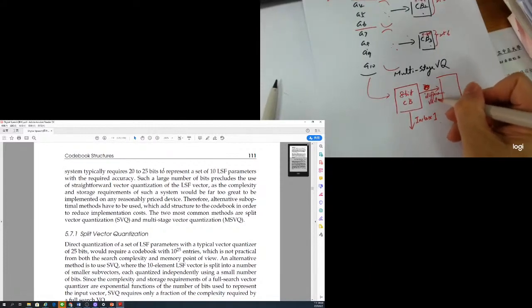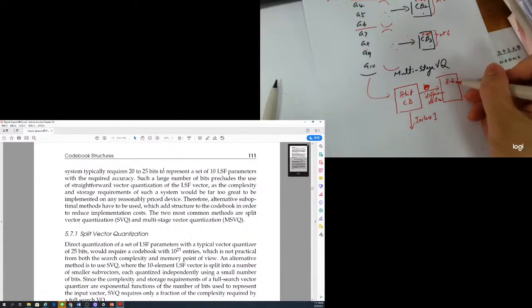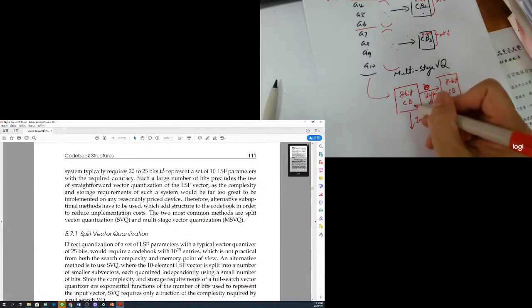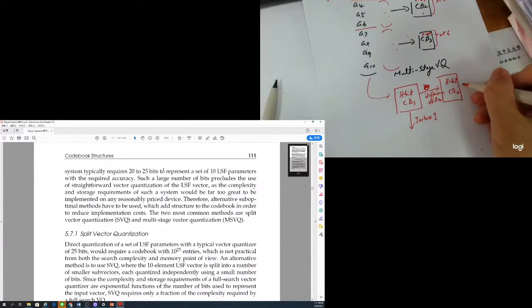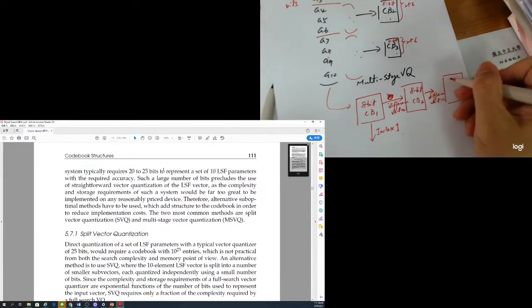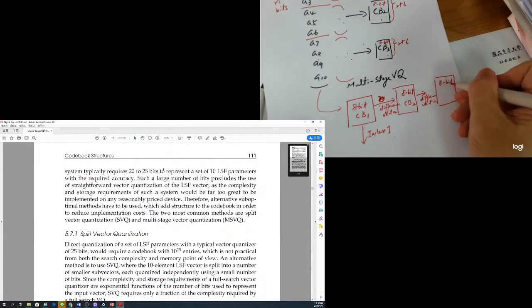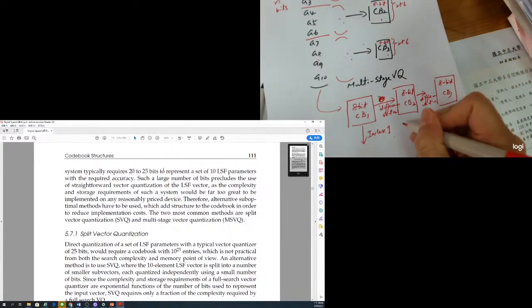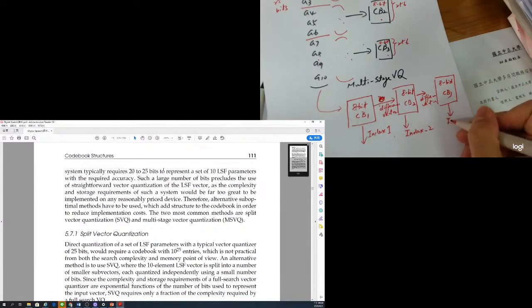So you have another codebook here. Codebook 1, codebook 2, and you also have a difference vector. And for the third one, you have a codebook here, codebook 3. So you have index 1, index 2, and index 3.